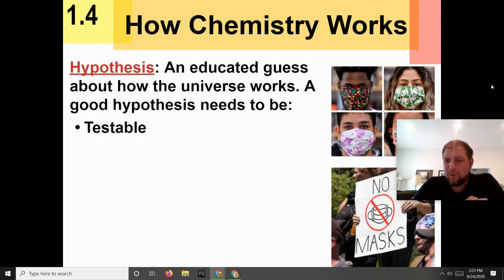If your idea can't be tested at all, maybe you believe that invisible ghosts are stealing your socks out of the dryer, and that's why you don't have any more matched socks. There's no real way to prove that, is there? Ghosts pop in from another dimension and steal your socks. If you can't see it happening, you can't really test it. A good hypothesis, you have to be able to test it, or you can't move any farther.